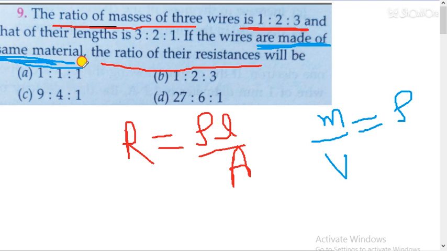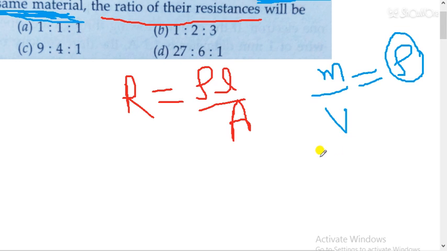That means density will be the same for each. So students, we can find some relation. I will write mass upon volume equal to density. Volume I can write as area into L, so mass upon area into L equal to density.